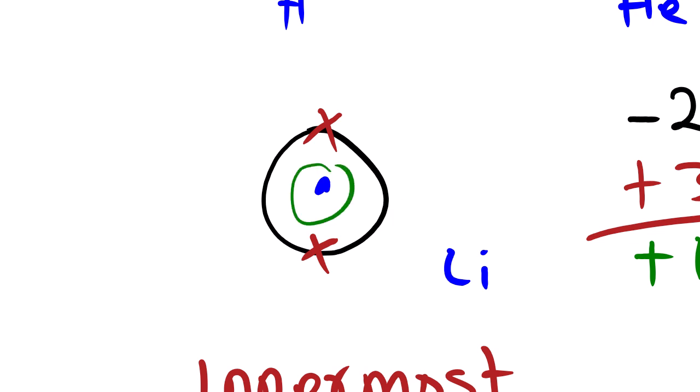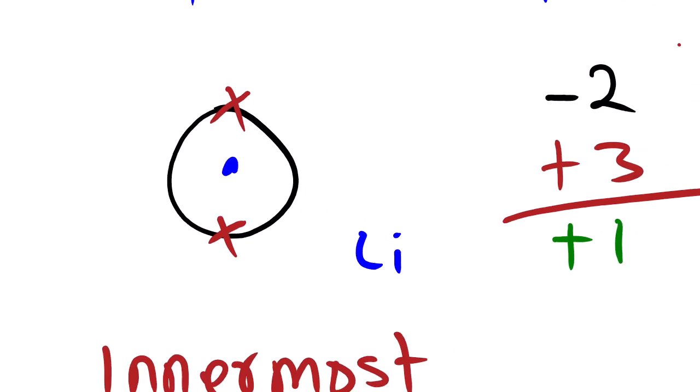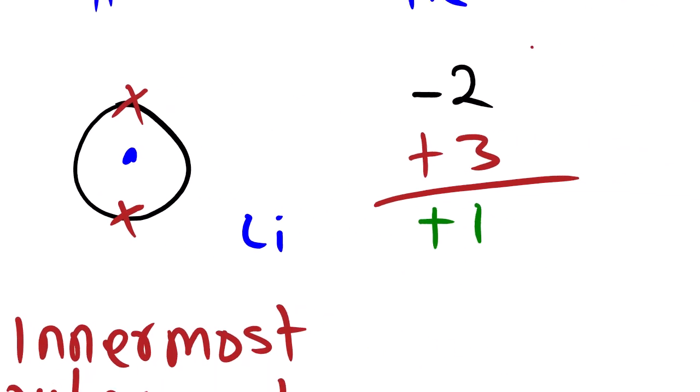You have 3 positive here, but you have only 2 negatives. So these 2 negatives will cancel only 2, and 1 will have nothing to cancel its charge. So you have +1 charge.